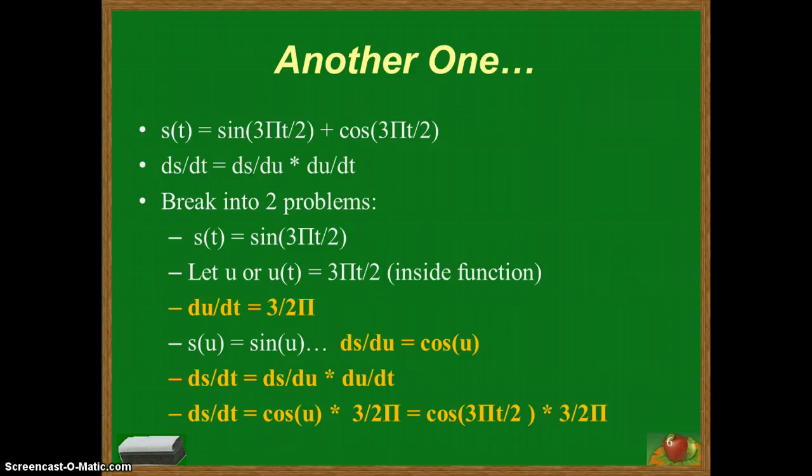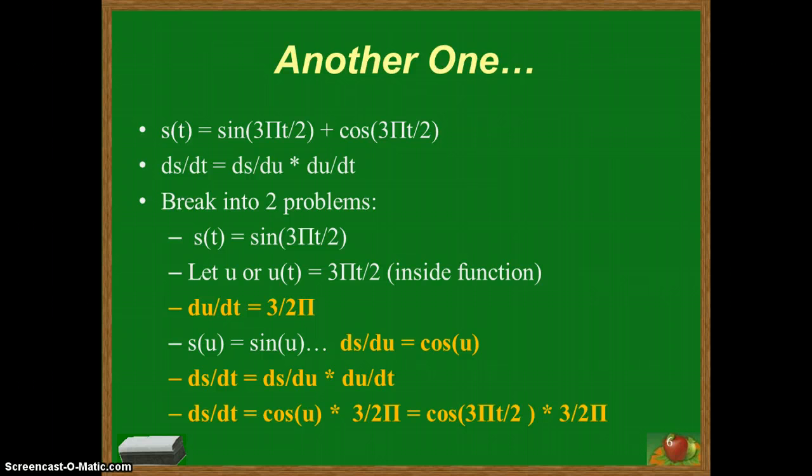S of t, you can think of it as S sub 1 of t if you want. I'm going to say that equals the sine of 3 pi t over 2. I'm going to let u, or u of t, be the inside function, in which case that would be 3 pi t over 2.